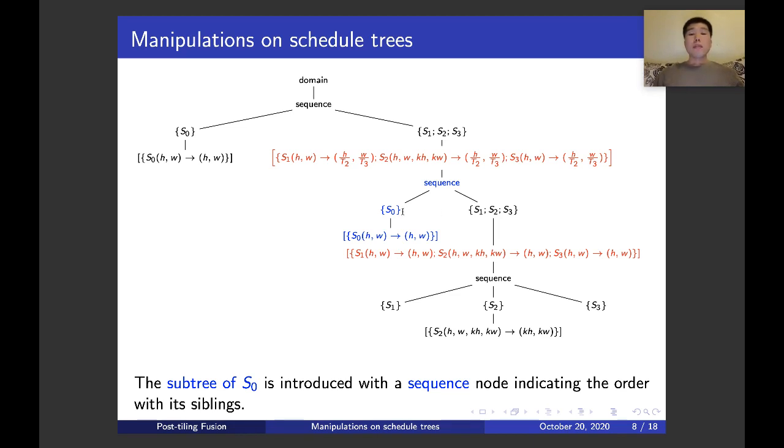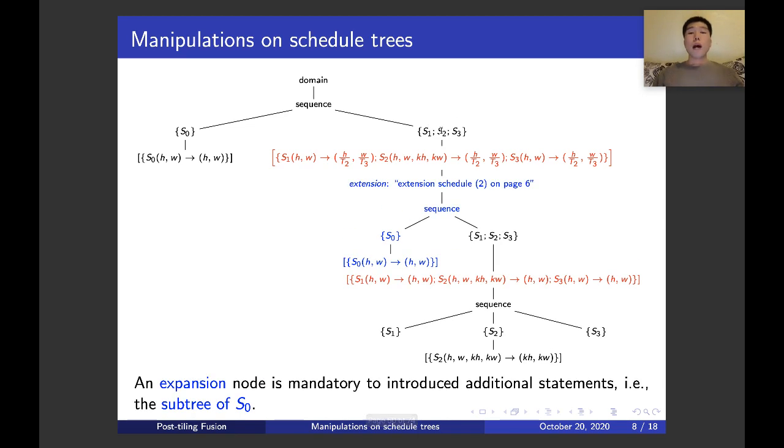Because S0 was not scheduled by the original subtree of the second group, one also has to introduce an extension node that uses the extension schedule obtained by algorithm 1.